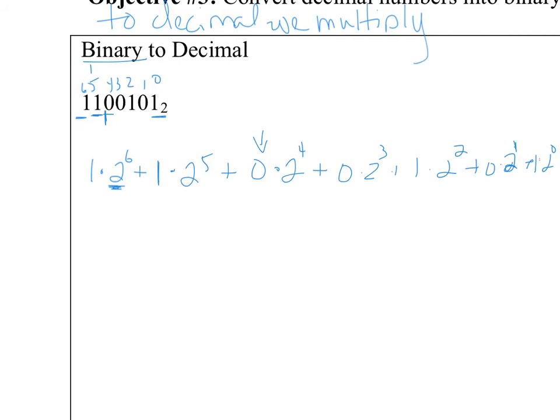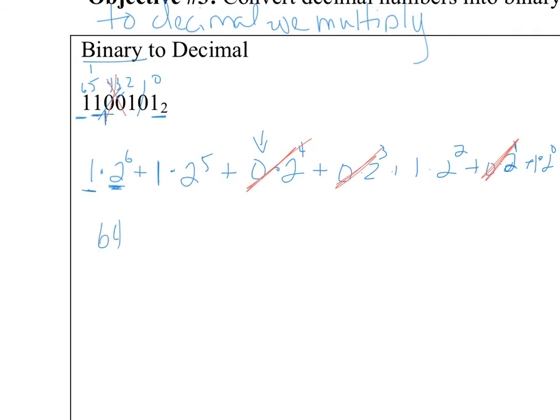Now when you start doing this and you're converting all the time, you can literally just skip the zeros, because it's just 0. I just wrote it all out so you could get a gist of what we're doing, but you can skip the ones with the zeros. And then we just simply do the math. 2 to the 6 is 64.